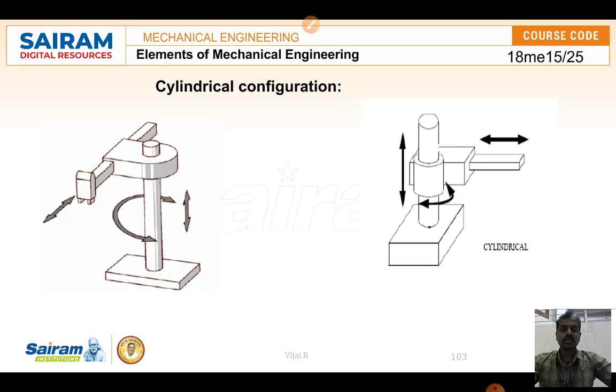The second one is the cylindrical configuration, where linear and circular movements are possible. We can see a base and a vertical column.